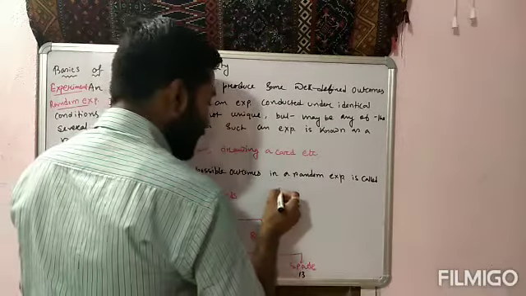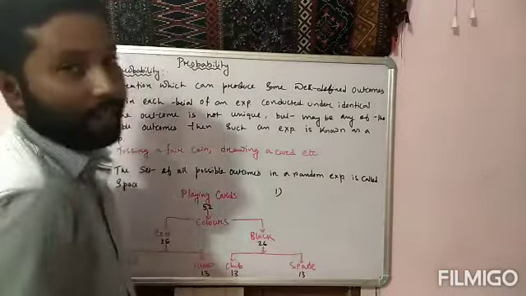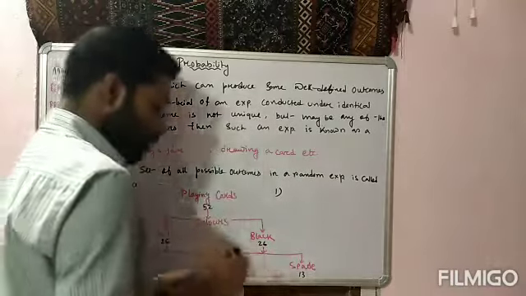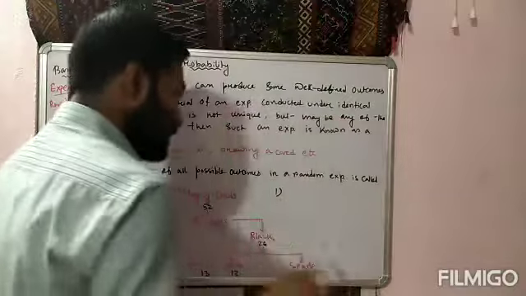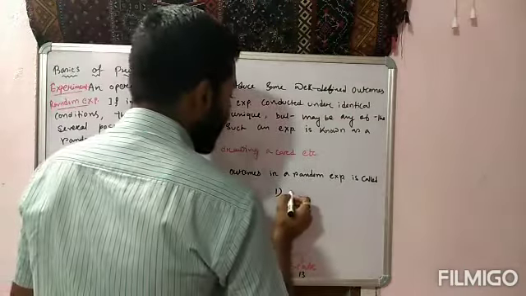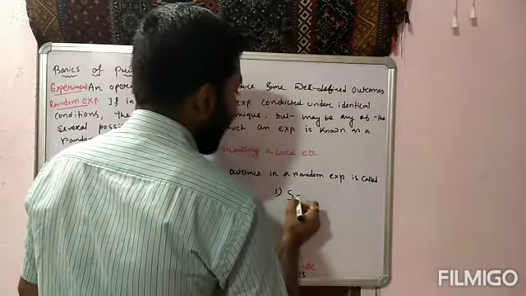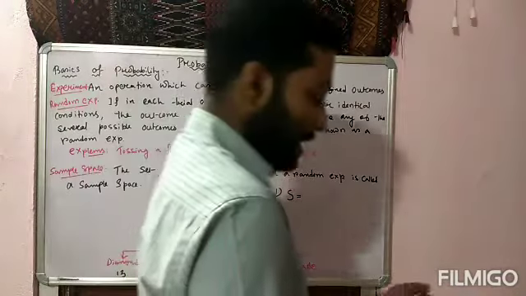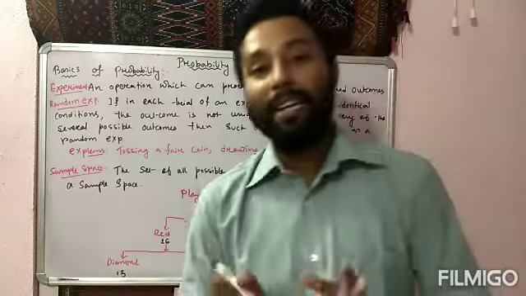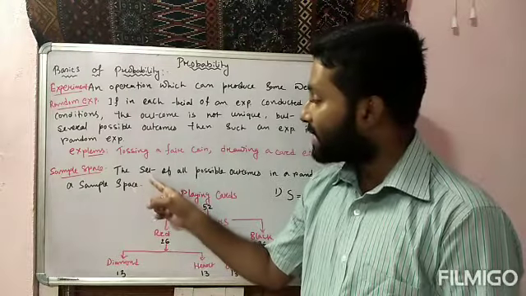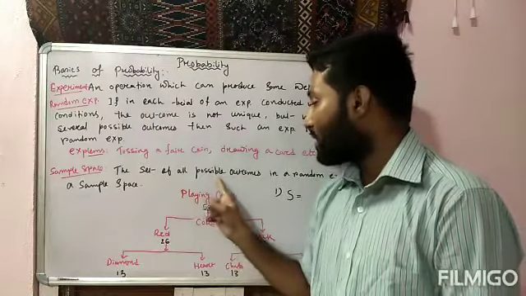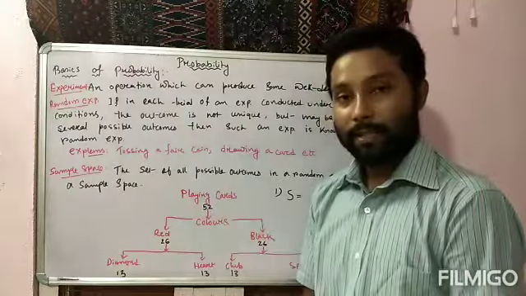First example is tossing a fair coin. So we have to write its sample space. How to write it? See, sample space is denoted by S. Now let me read the definition of sample space once more: the set of all possible outcomes.